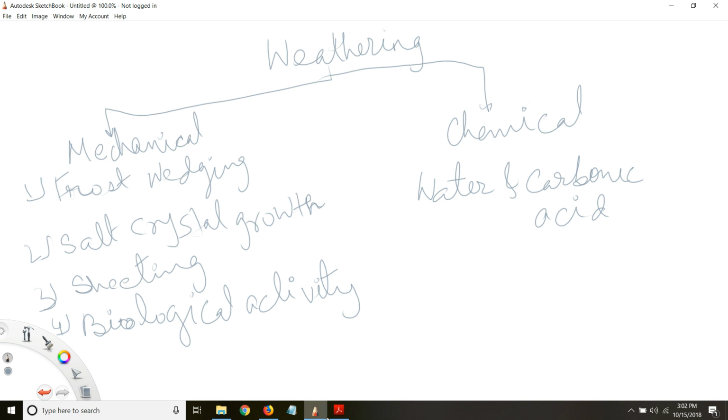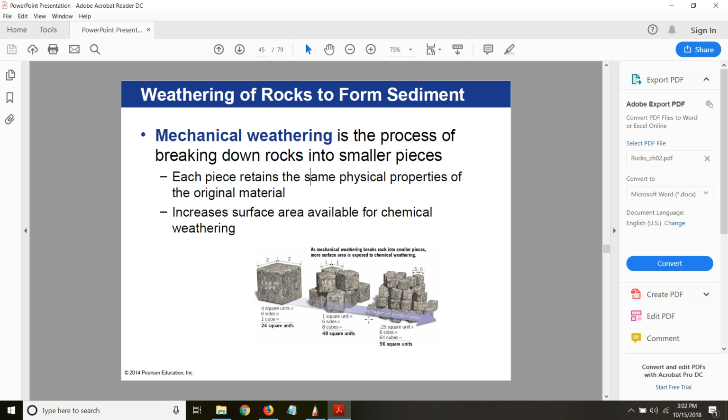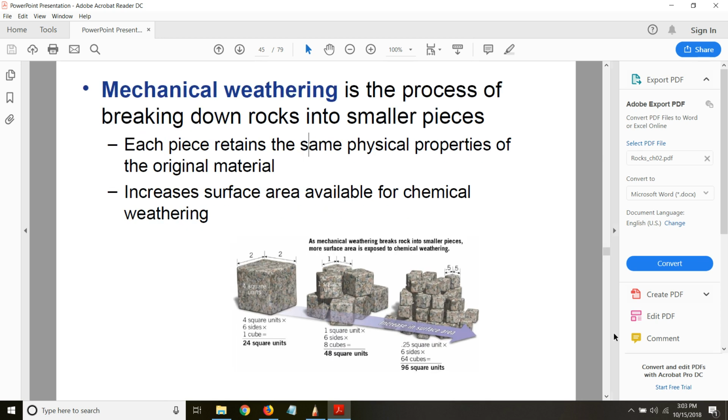So let's go back to your slide. Mechanical weathering is the process of breaking down rocks into smaller pieces. This is a figure from your textbook, figure 2.14. This is also a smart figure. There is a link given in the caption of the figure.